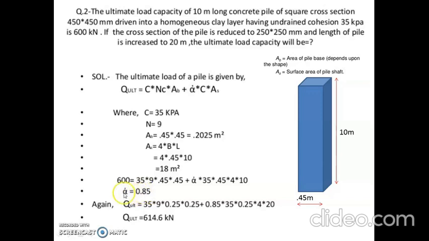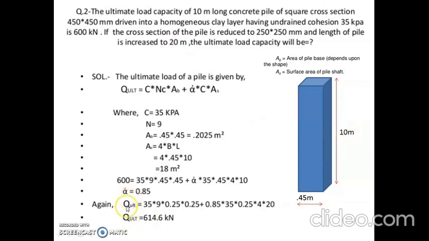So this alpha value is needed in order to find how much will be the ultimate load capacity when the cross section of the pile is reduced to 250 by 250 instead of 450 by 450 mm, and if the length of the pile is increased to 20 meter instead of 10 meter.